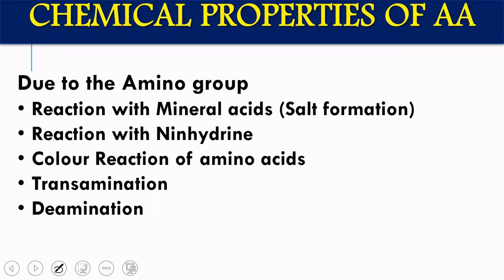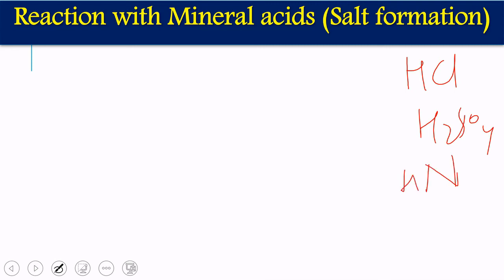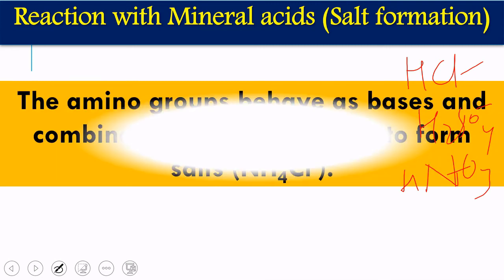Now come to the chemical properties due to the amino groups. The first reaction is because amino groups are basic groups. This basic group will react with acids and give salts. Mineral acids include HCl, H2SO4 and HNO3, the three mineral acids: hydrochloric acid, sulfuric acid and nitric acid.